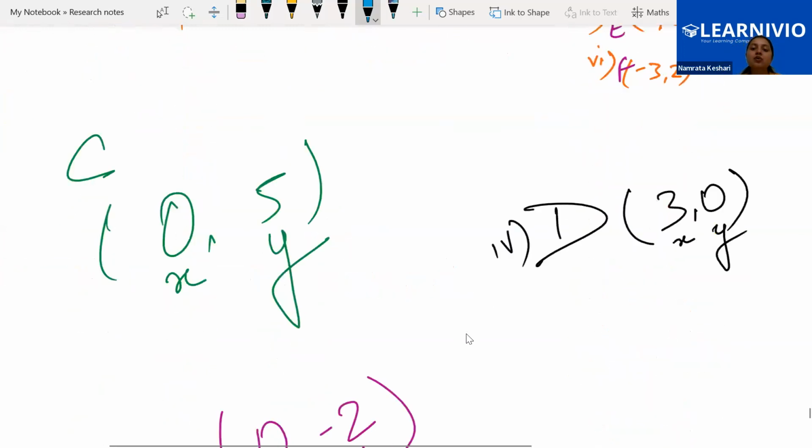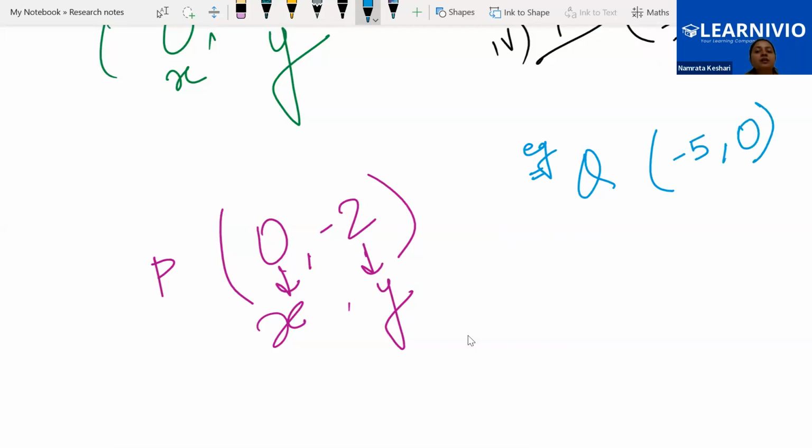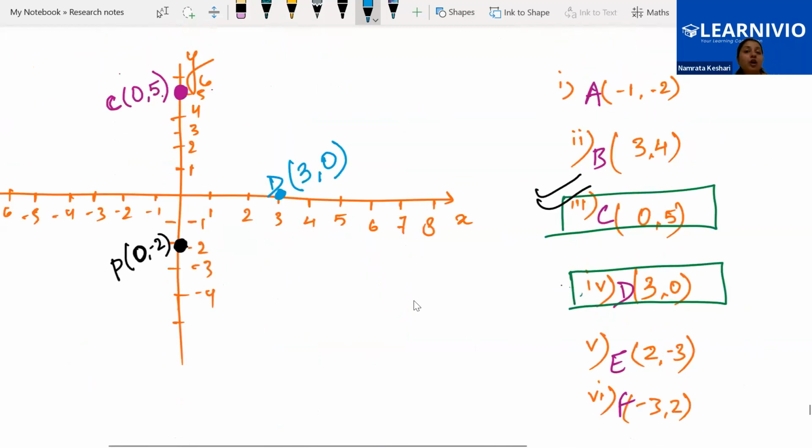Whenever y is 0, let's say, for example, we have point Q, and the coordinate of point Q is (-5, 0). What I said to you, first write which one is x, which one is y. So x is -5 and y is 0. X is -5, not positive.